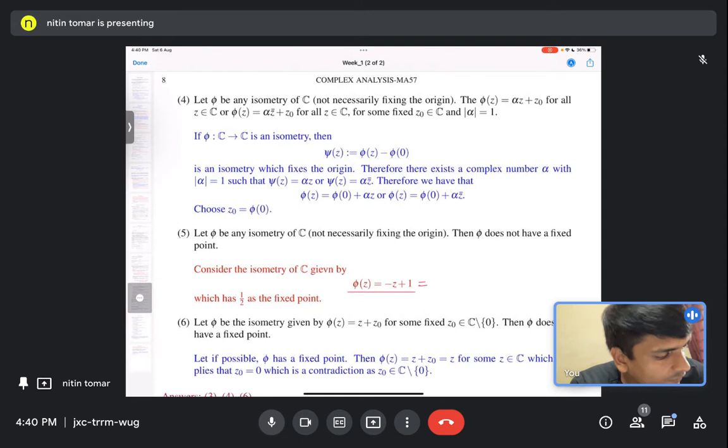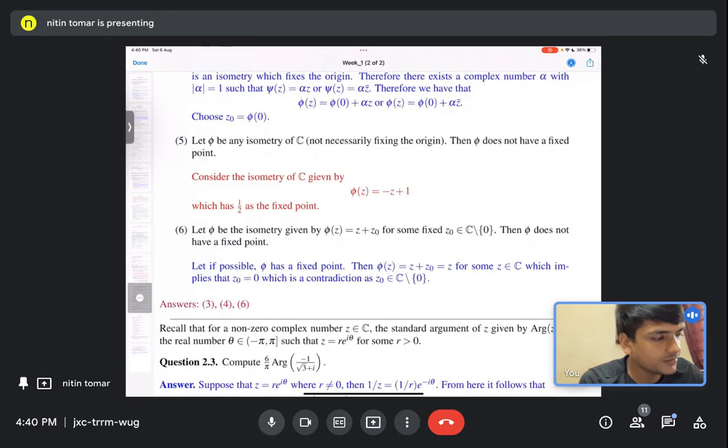Because it is of the form alpha z plus z naught, where mod alpha is 1. By question 4, we have done that any map of this form is an isometry. So phi z equal to minus z plus 1 is an isometry. And if you compute phi of half, it is minus half plus 1, which is half. So it fixes half. So it has a fixed point. So the fifth is false. An isometry can have a fixed point.